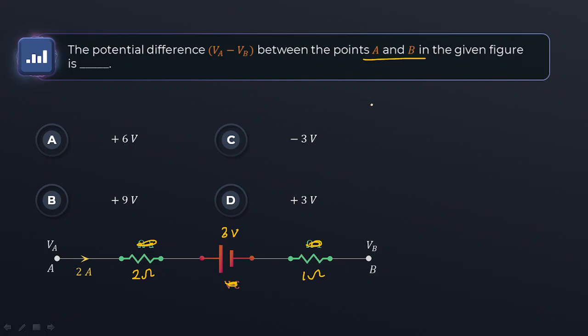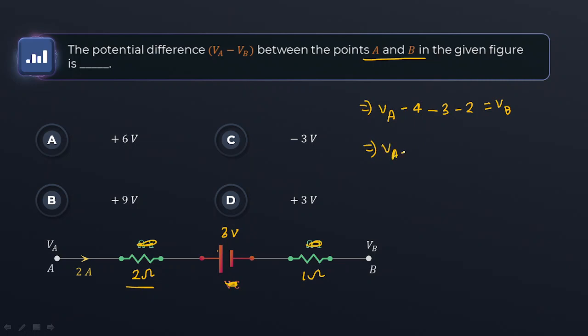So now if I move from A to B, can I say that VA, now we are crossing this resistance, so 2 into 2, IR, so minus 4. Now we are crossing the battery from plus to minus, so minus 3. Now again the resistor, so minus 2, that is equal to VB. So we can move VB to the right side, we have to find VA minus VB.